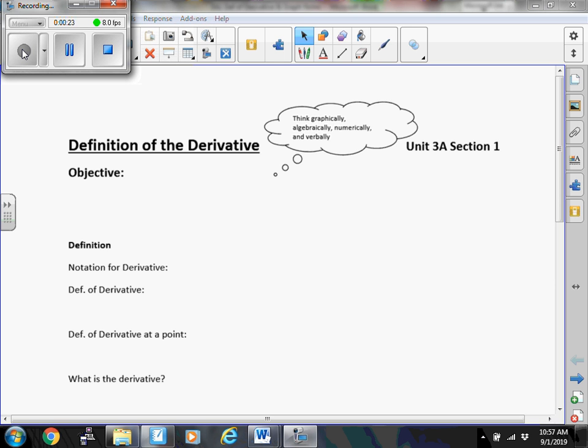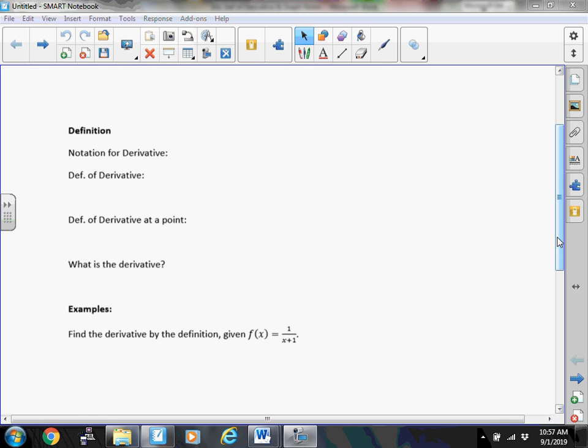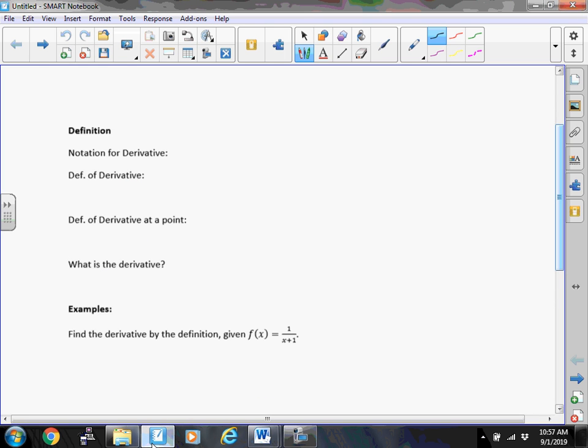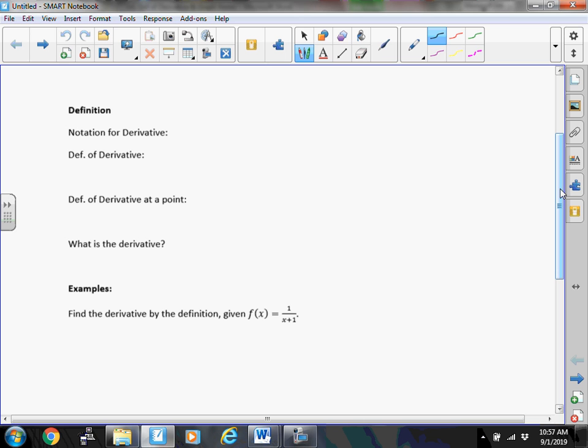So two objectives here. First, let's talk about notation. The derivative, which is instantaneous rate of change, and also slope of the tangent. They're all the same thing. Notation is given by f tick x or f prime x, which is the same thing as y tick or y prime.